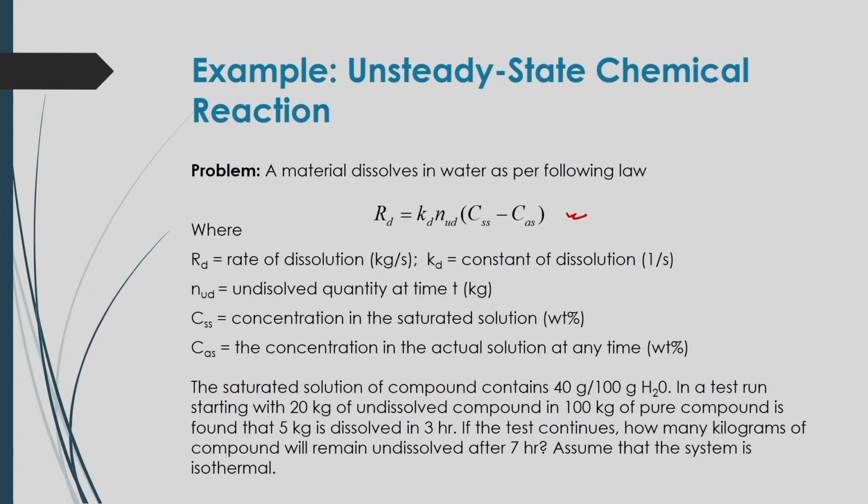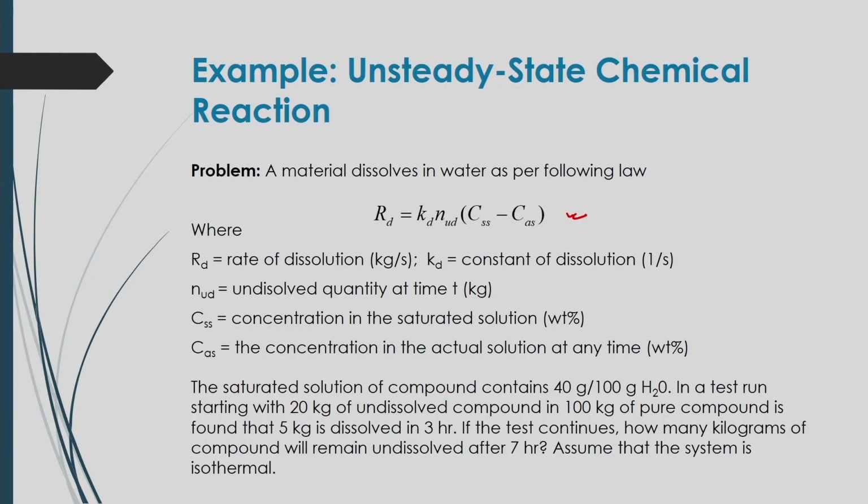Now, the saturated solution of compound contains 40 gram per 100 gram of water in a test run starting with 20 kg of undissolved compound in 100 kg of pure compound. It is found that 5 kg is dissolved in 3 hours. Now, if the test continues, how many kilograms of compound will remain undissolved after 7 hours? Assume that the system is isothermal.